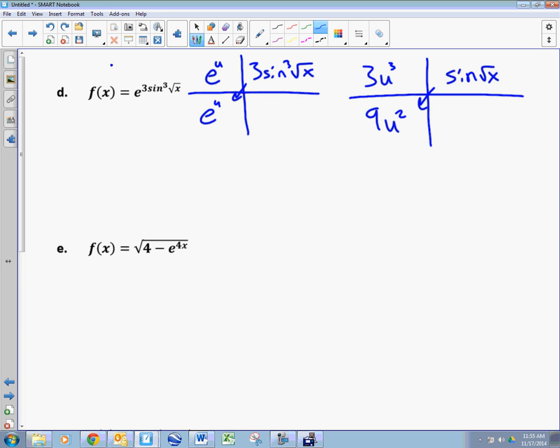Derivative of sine of the root of x. Chain rule. Yep, very good. Sine of u, root of x.